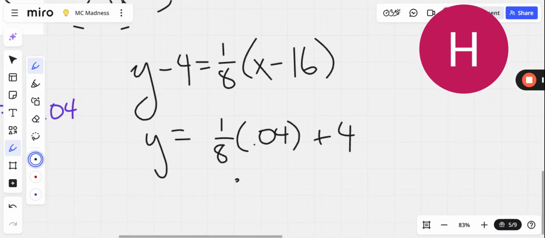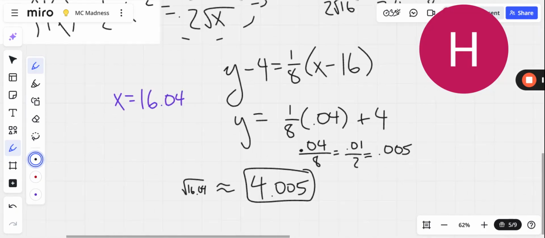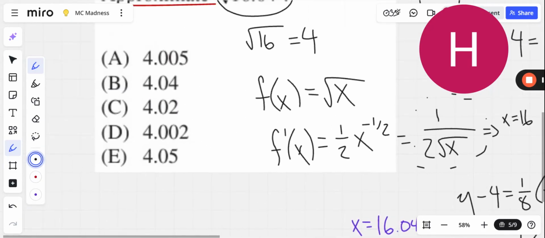Okay, so 0.04 over 8, that's kind of like 0.01 over 2, which is 0.005. So if we're adding the 4 to that, we're going to get that the square root of 16.04 is approximately 4.005. Looking like A.